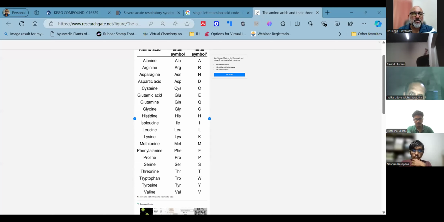It has a sequence of different amino acids. So this could be A, D, E, C, A, L, I, P. What are those? These are different amino acids. Now they are connected together.